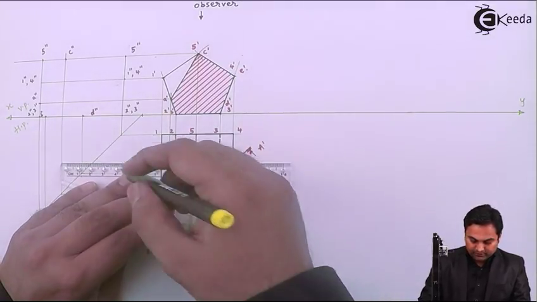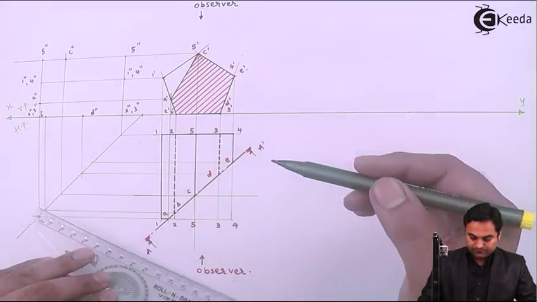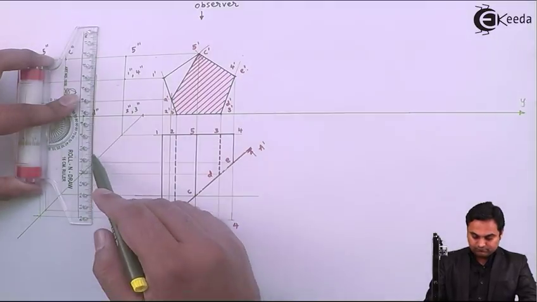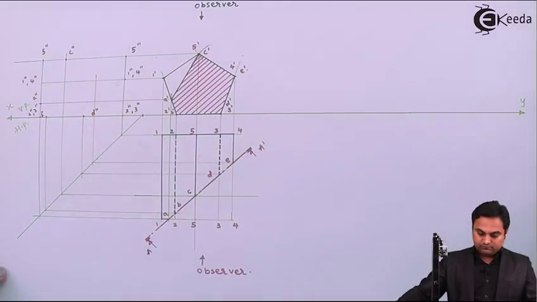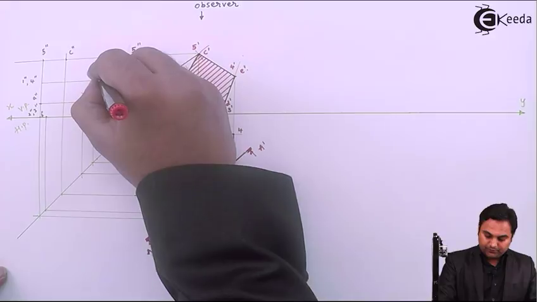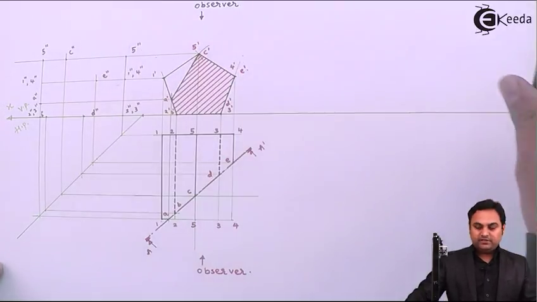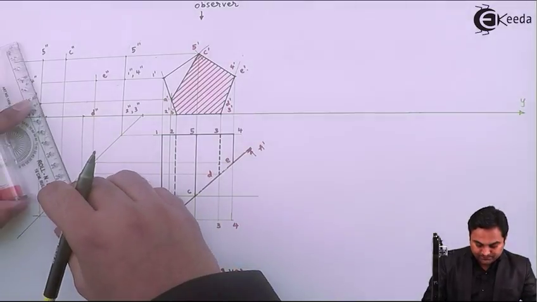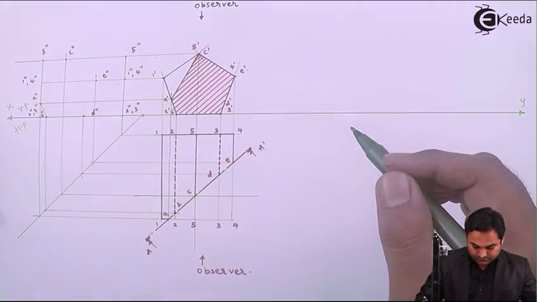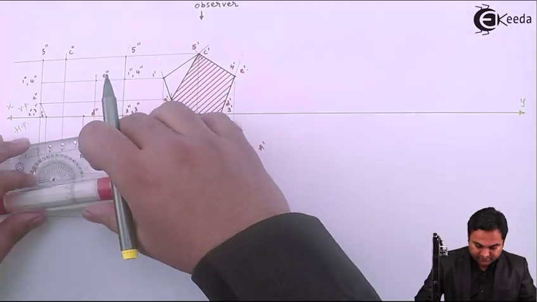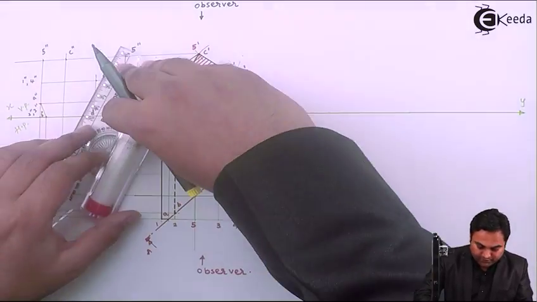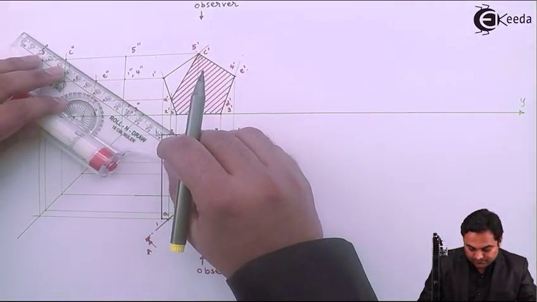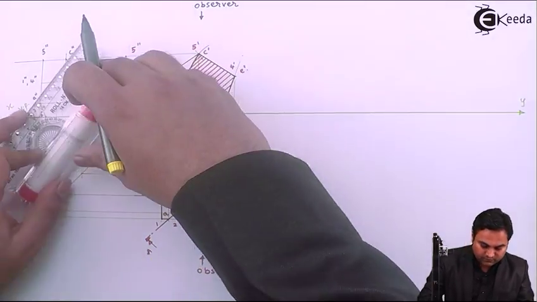So from the top view I'll project it into the front view. Here it gives me the point E double dash. Now joining them in proper sequence with the help of light lines. A double dash, B double dash, then B to D, D to E, E to C, C to A.